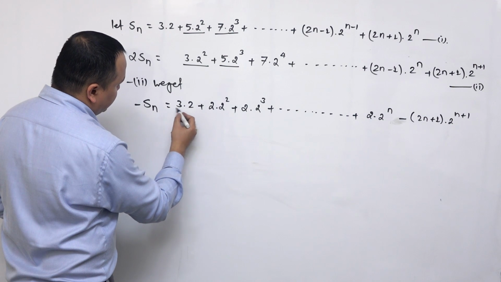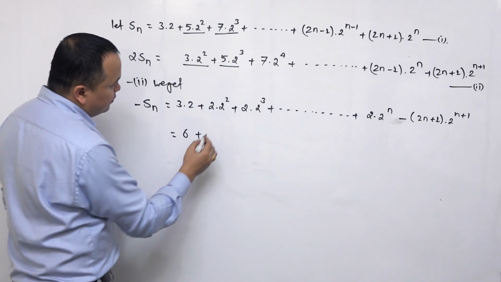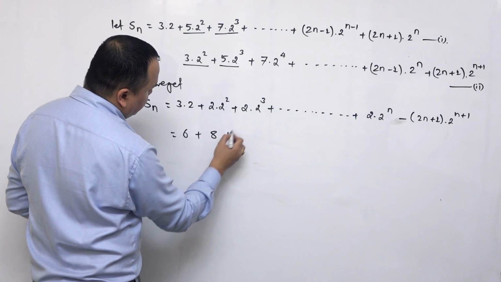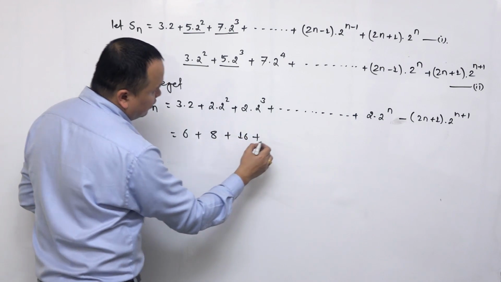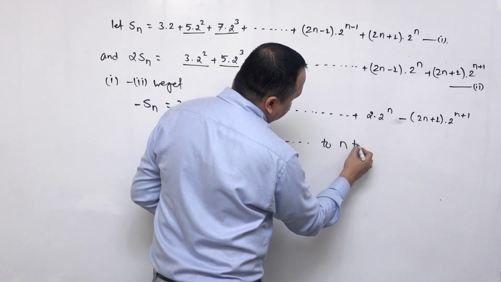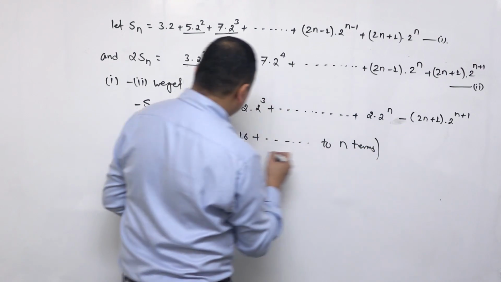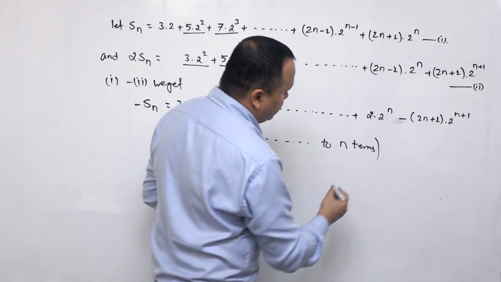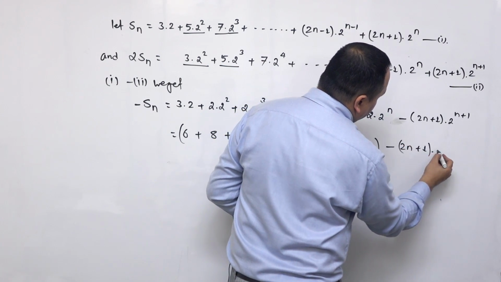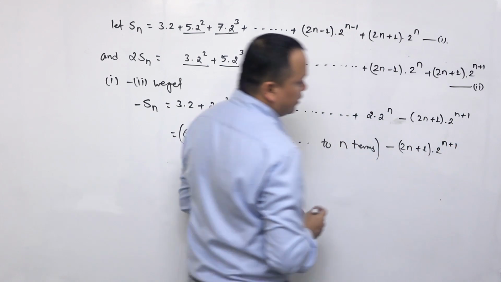This is 6 plus 8 plus 16 plus dot dot dot 2 n terms, minus 2n plus 1 into 2 to the power n plus 1.